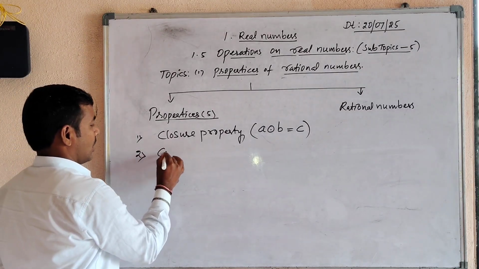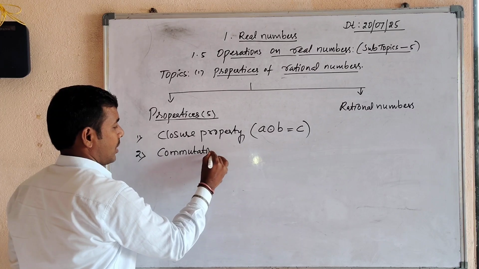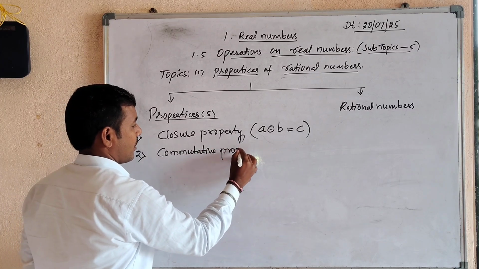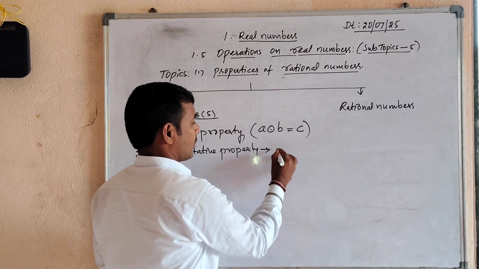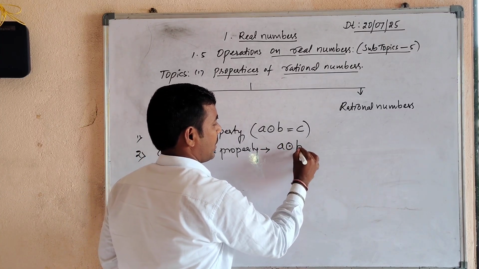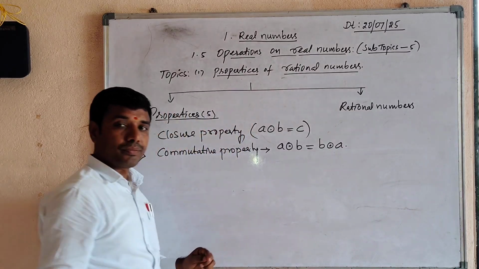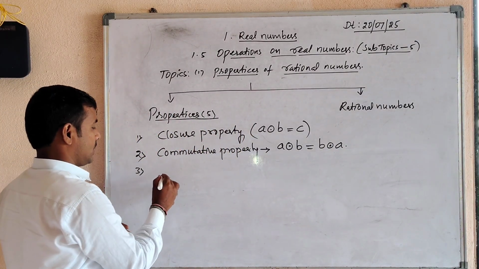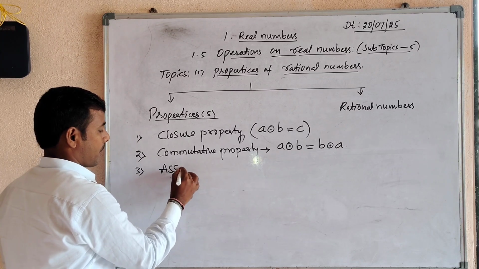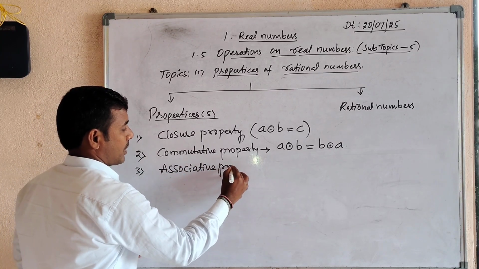Second one, the commutative property. Its rule is A ∘ B = B ∘ A. I think that is understood. Third is the associative property.